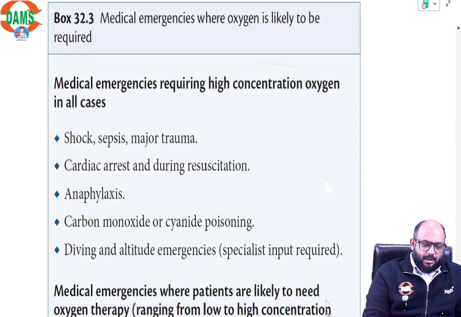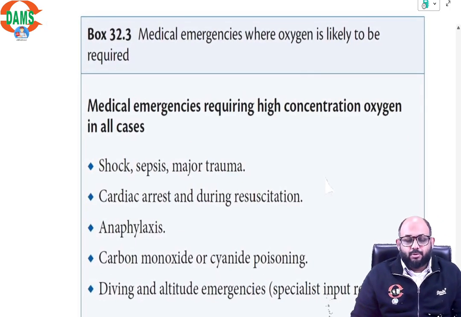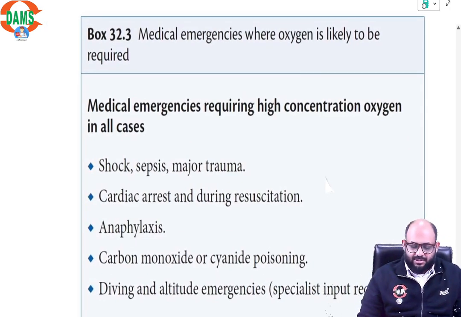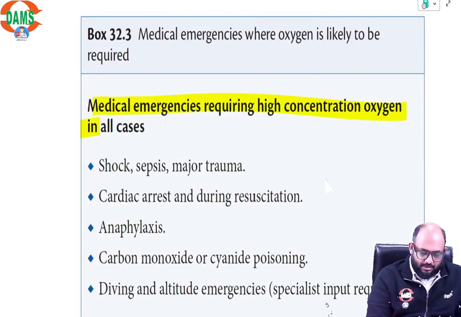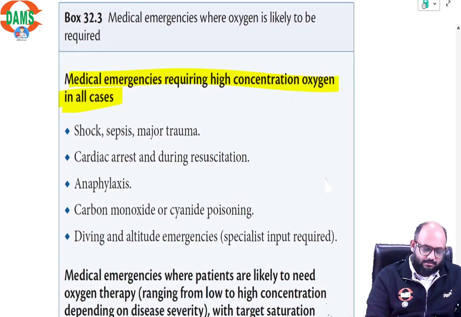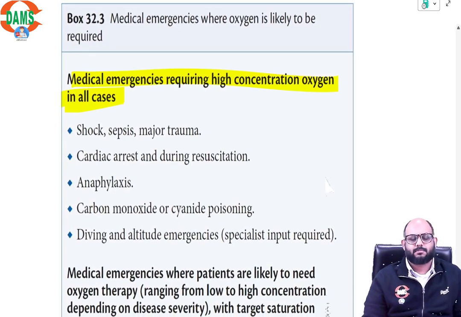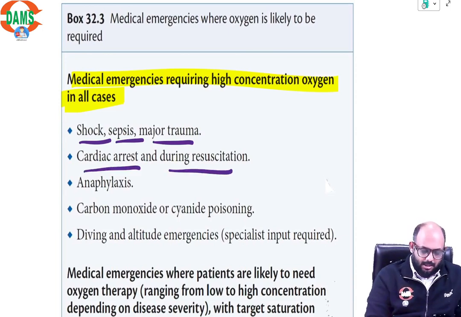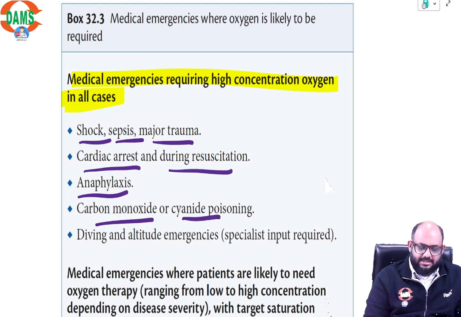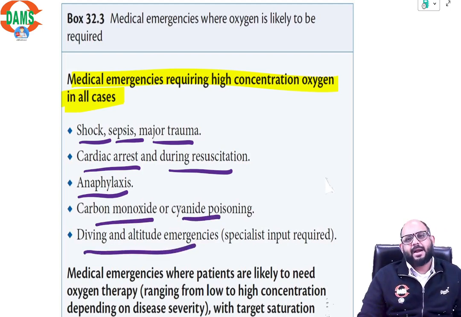Now, this is just a table to tell you which conditions require oxygen. Medical emergencies requiring high concentration oxygen in all cases: shock, sepsis, major trauma, cardiac arrest, resuscitation, anaphylaxis, CO poisoning, cyanide poisoning, diving and altitude emergencies.